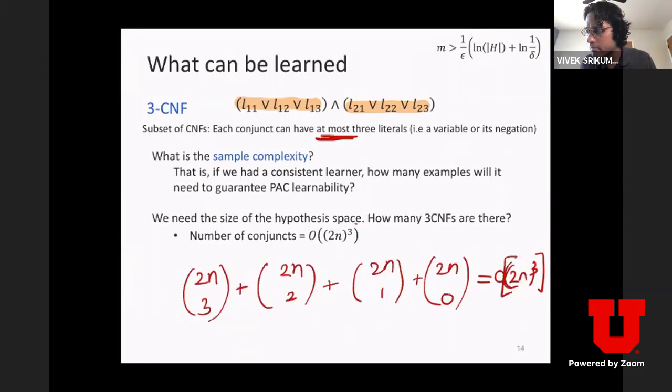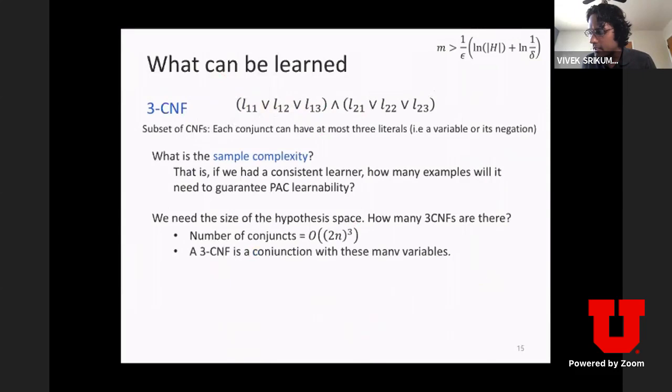Now, the next step is we're going to glue them into a big conjunction. That's easy. We're going to select many of these and connect them into a conjunction. So a 3CNF is just a conjunction of these many conjuncts. We know how many there are. For every one of these things, either you choose it or you don't in the conjunction.